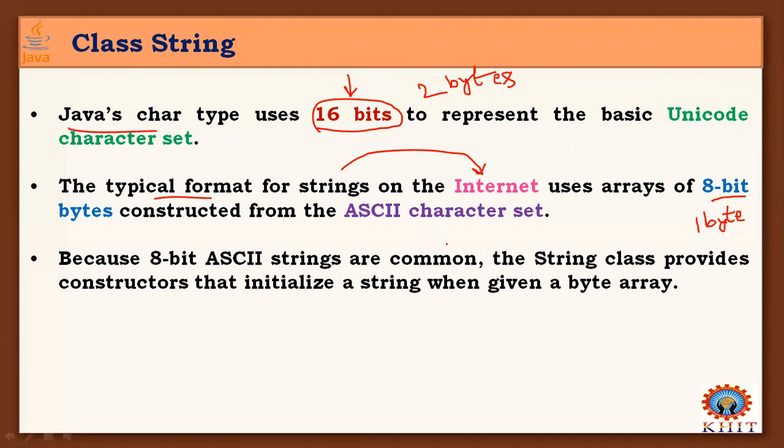using the ASCII character set. But Java uses the Unicode character set, which is represented by 16 bits, whereas the ASCII character set uses 8 bits. Then how can we make these two things compatible when we are working with internet issues and applications? However, these 8-bit ASCII strings are common in real time.